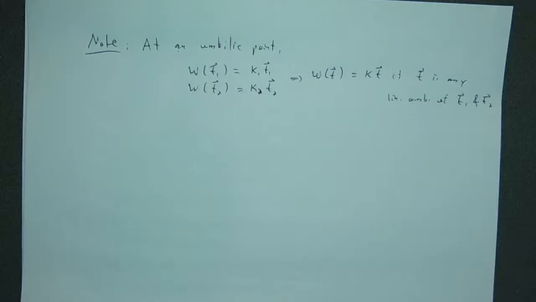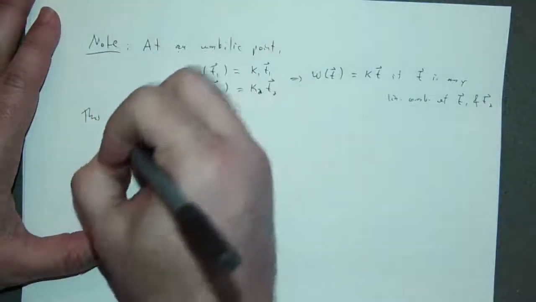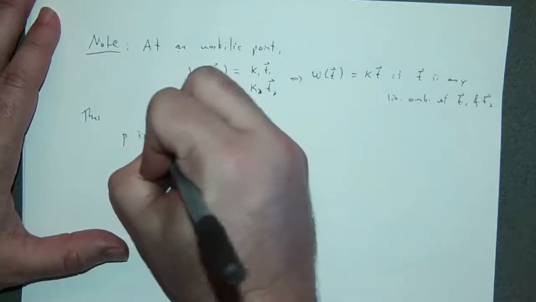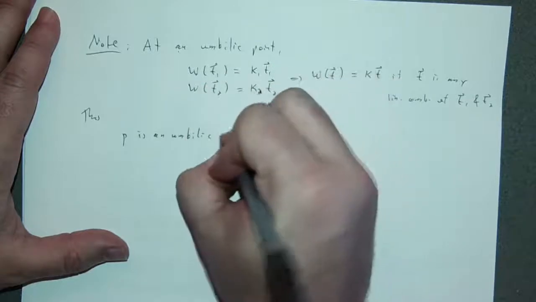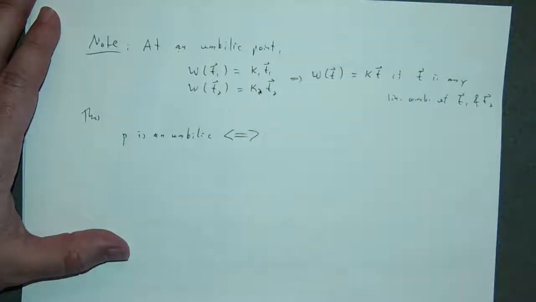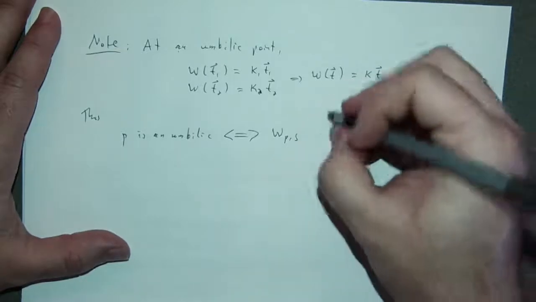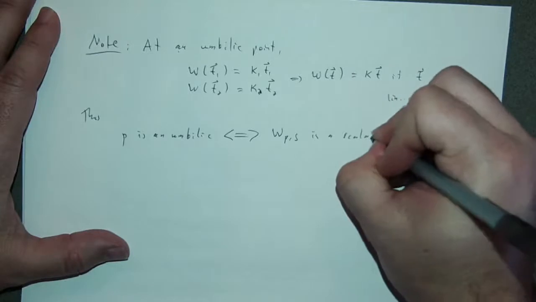And so what does this mean? Thus, we have the characterization: point P is an umbilic point if and only if the Weingarten map is a scalar multiple of the identity.